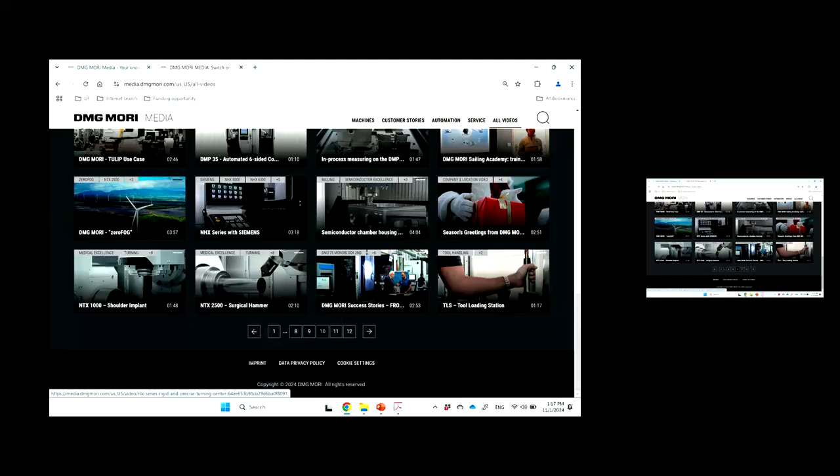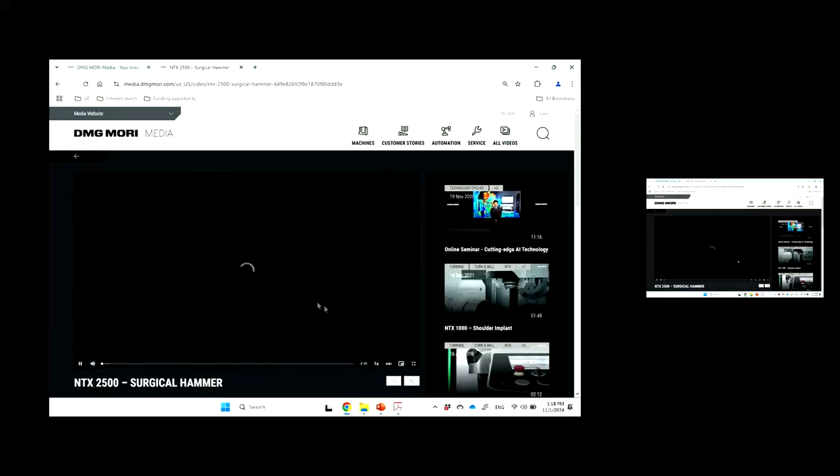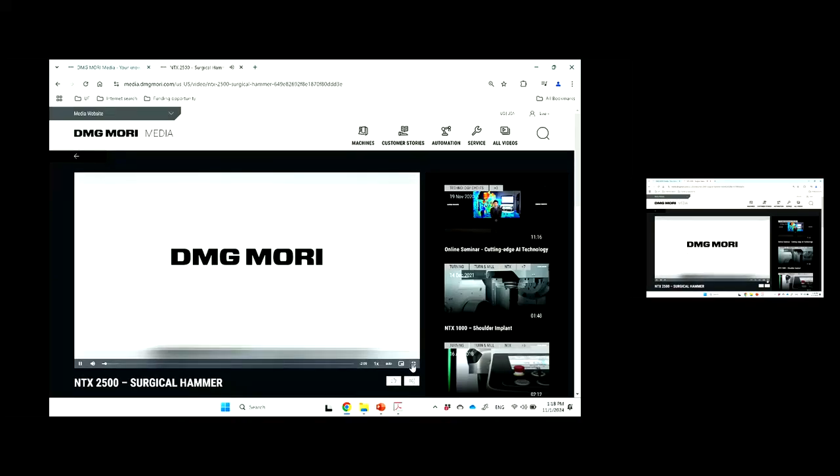Maybe shoulder. Sorry, I watch many, so I just picked which one is good, and I put shoulder, and I also put surgical. Okay, let's go with this one. 2 minutes. So this is like upscale machine tool.